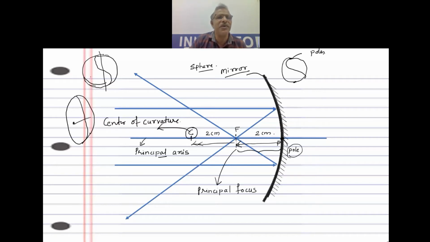Somewhere here is the center of this ball, which is inside the ball, but not on the layer, the body of that ball, right? So that is the point which is called the center of curvature. So what does the center of curvature of this concave mirror mean? Suppose you extend this concave mirror, it is going to become a big sphere, and the center of that sphere is called the center of curvature.